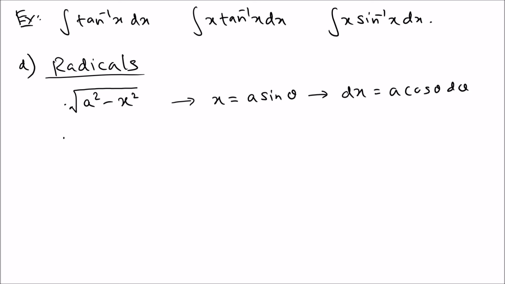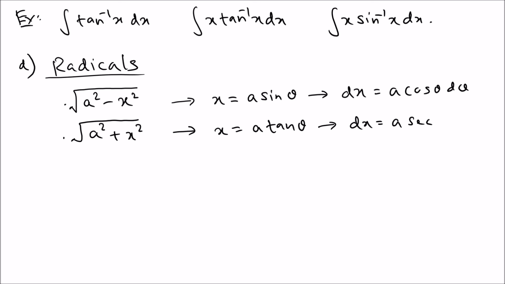And then we also talk about terms with a squared plus x squared with a plus sign. In this case, we get x equal a tan theta. And then you can see if you take the derivative, it's going to be a secant squared theta d theta.